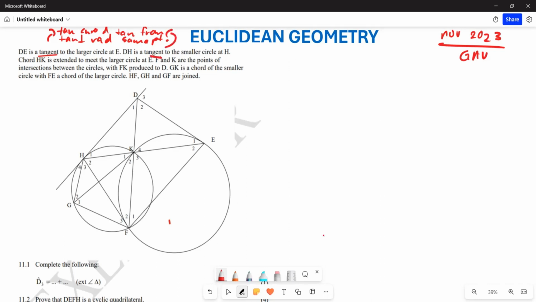Now to the smaller circle, they say your chord HK is extended to meet the larger circle at E, and F and K are points of intersection between the two circles, with FK produced to D. GK is a chord of your small circle, with FE a chord of the larger circle, and HF, GH and GF join.